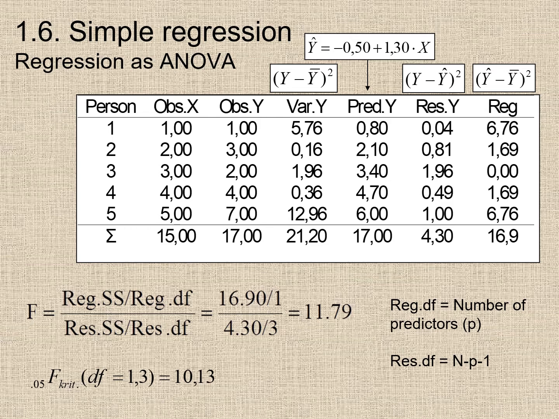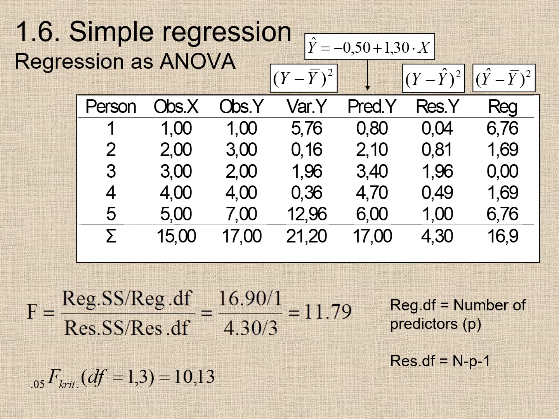Predicted life satisfaction, according to our formula that we calculated before. That is the level of life satisfaction individuals are predicted to have based on the amount of therapy, according to our regression line. We can calculate the regression sum of squares.